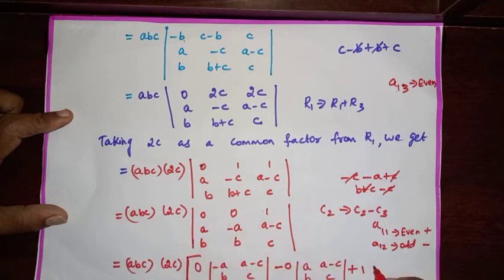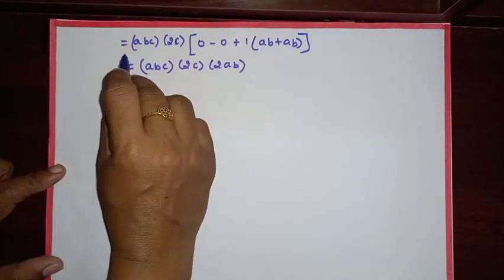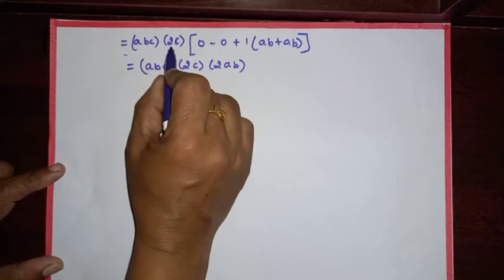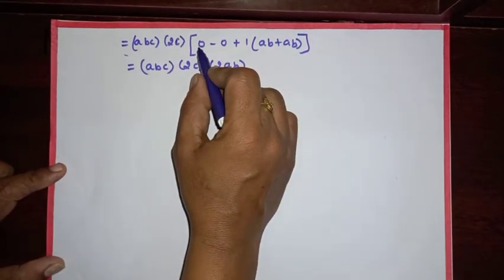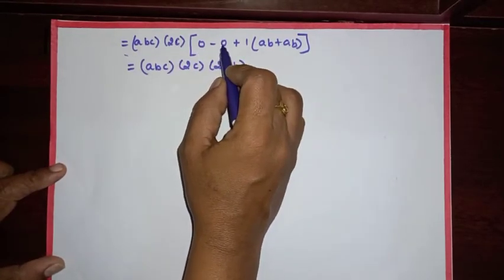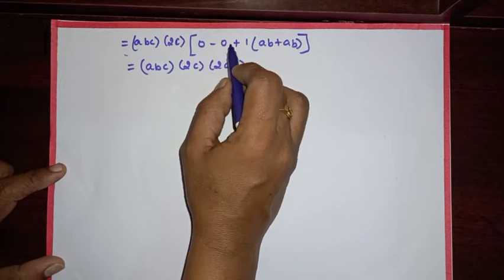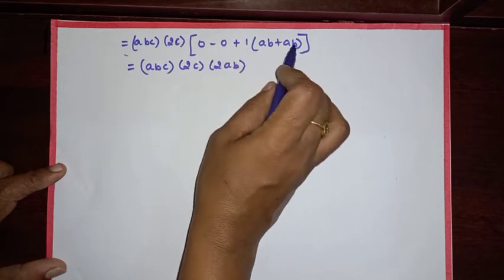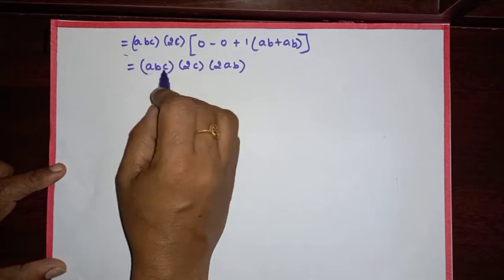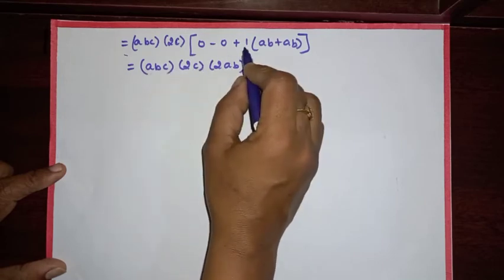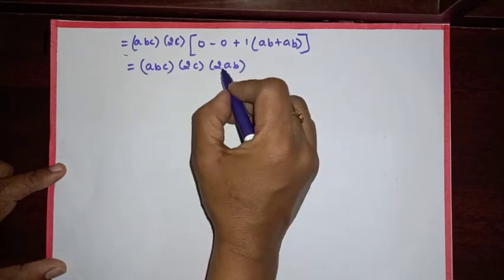We have the submatrix minus A, A, B, B. This is equal to A, B, C into 2C. 0 times a 2 cross 2 matrix is 0. Again, 0 times a 2 cross 2 matrix is 0. Plus 1 into AB plus AB, which is 2AB.